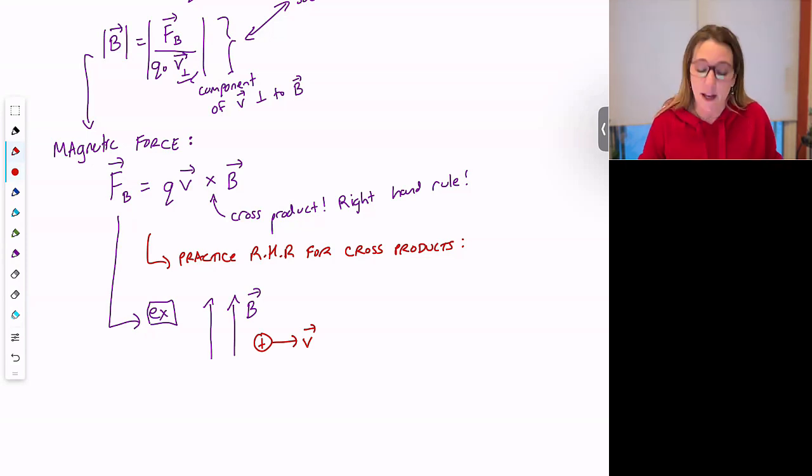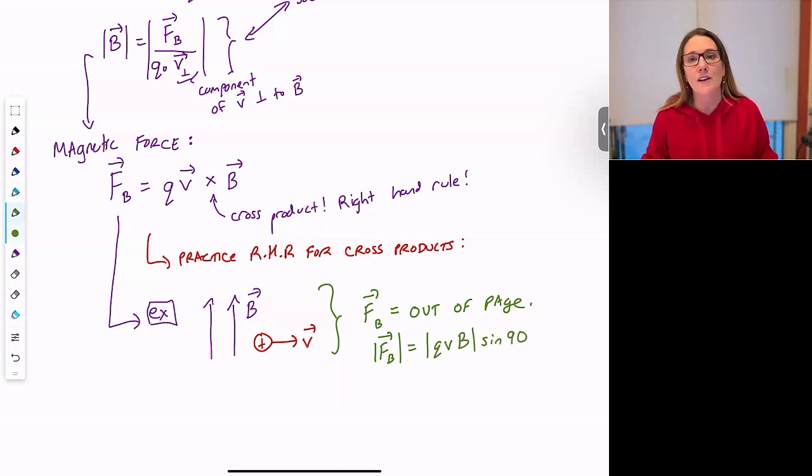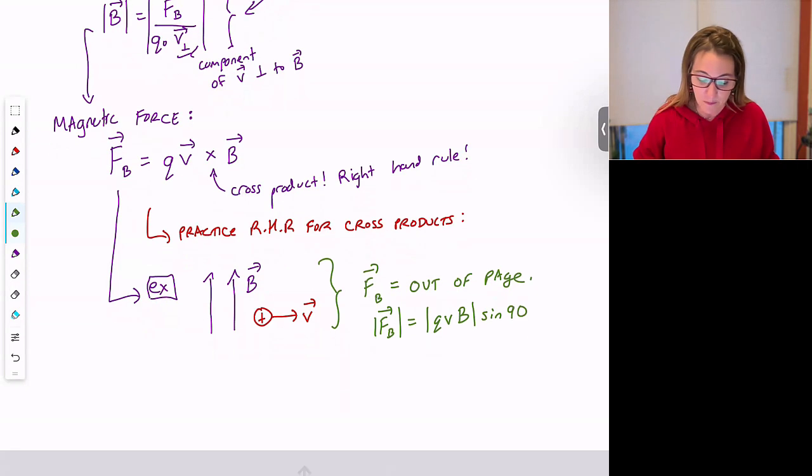So I'm going to do my right-hand rule of V cross B. And in this case here, my magnetic force is going to be equal to QV cross B. And I'm going to get that to be out of the page. The magnitude of the magnetic force I could find just from the magnitude of QVB times, in this case, because they're perpendicular, the sine of 90, which is just 1.